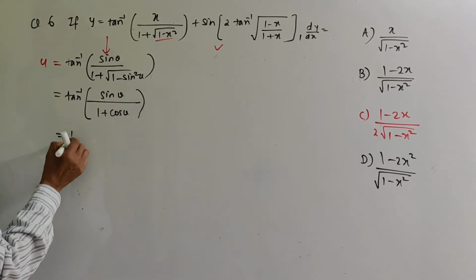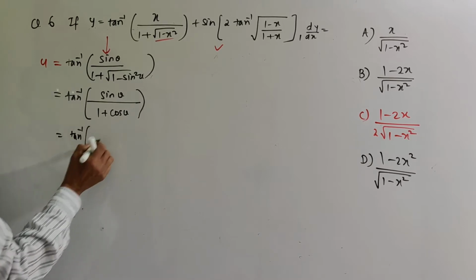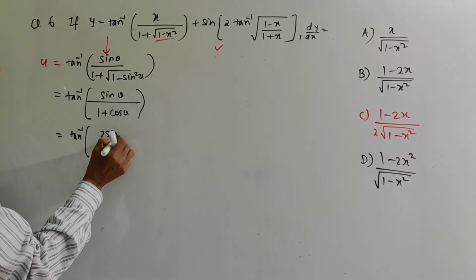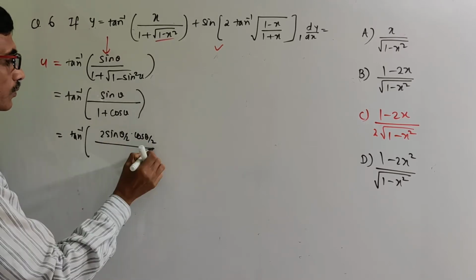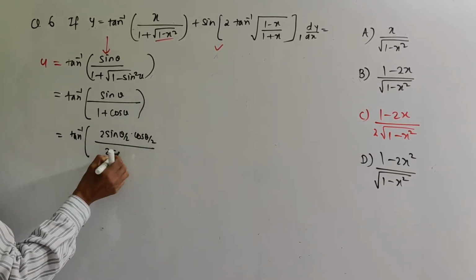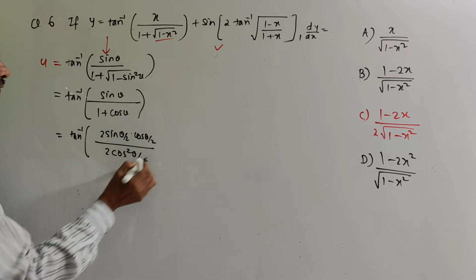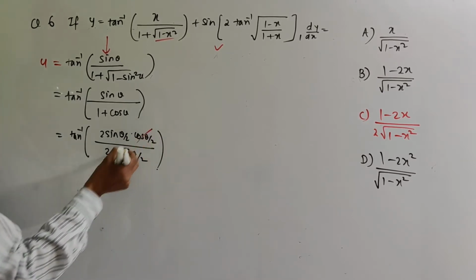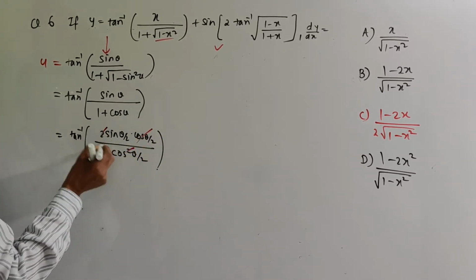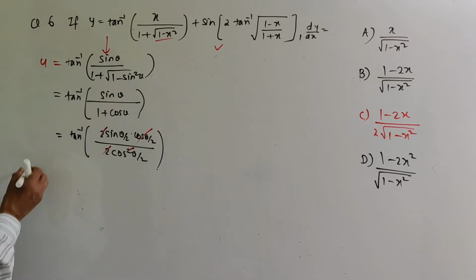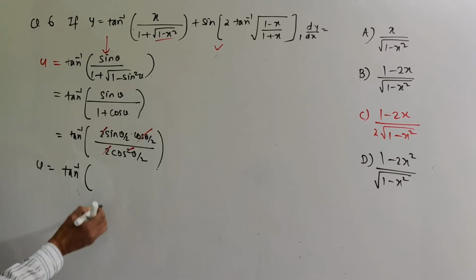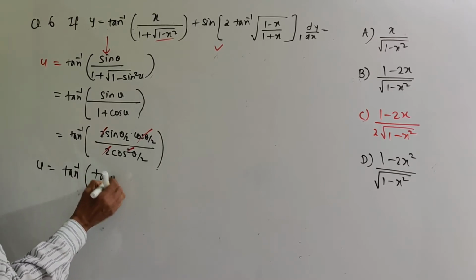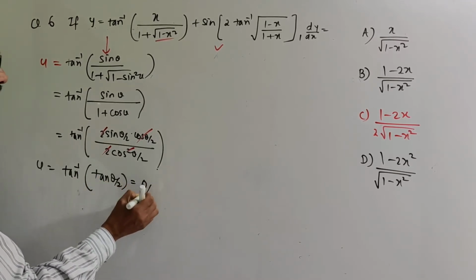Which is tan inverse of 2 sine theta by 2 into cos theta by 2 upon 1 plus cos theta, which is 2 cos square theta by 2. This cos theta by 2 is getting cancelled, and 2 is getting cancelled, so u will be equal to tan inverse of tan theta by 2, which is theta by 2.